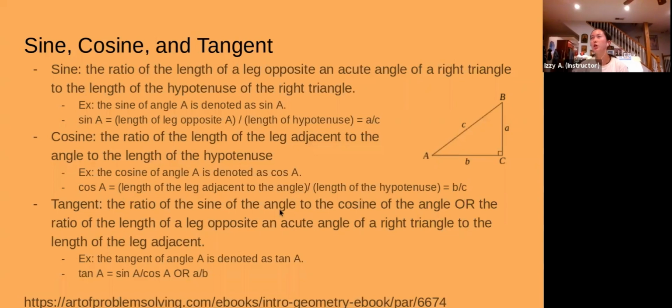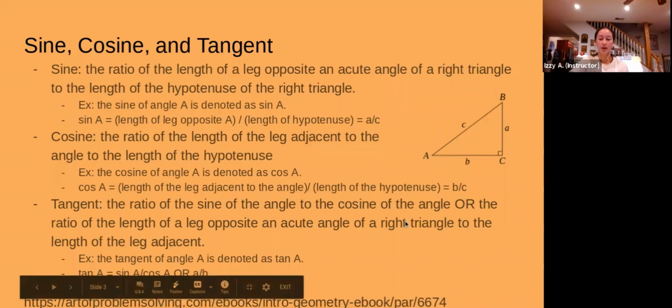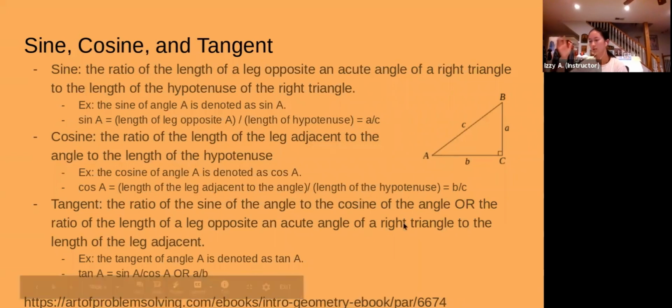Geometry does introduce you to these ratios, but then you go into it a lot deeper in pre-calc, or if you end up taking trigonometry, the class itself. So yeah, okay, I'll leave this up here for a few seconds so that you can review the information, and then we can go to the next slide.